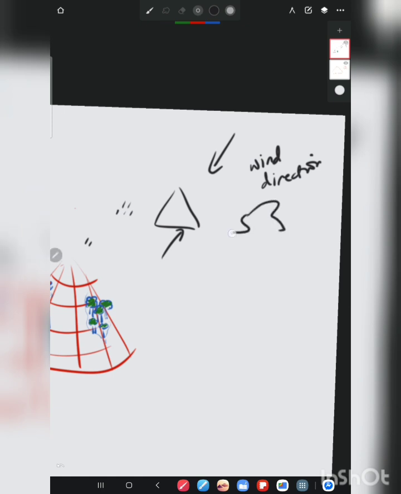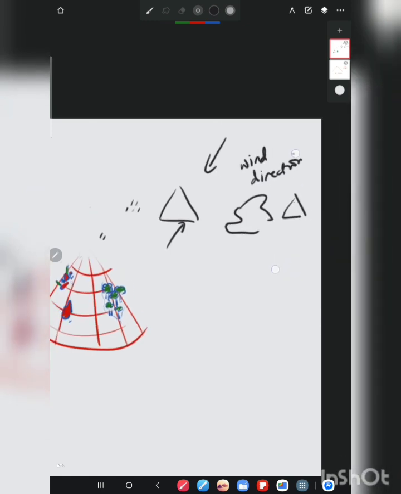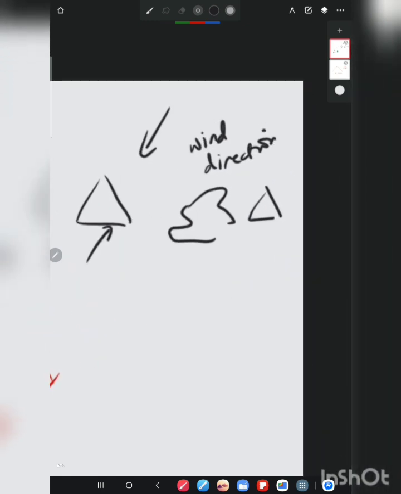This is your body of water. Because normally, let me think. Is it going towards? Okay, normally it cycles like this. So the hot air moves towards the cooler.